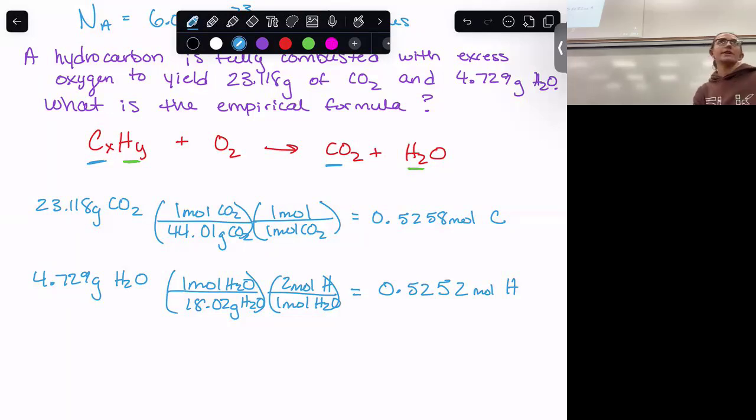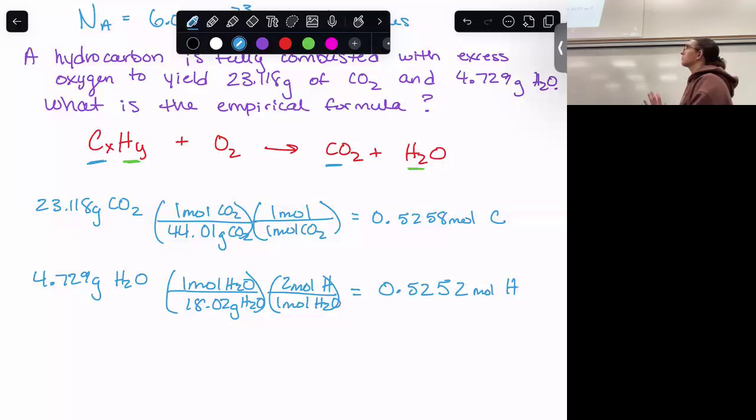If I see 4 sig figs, sometimes I will give myself an additional sig fig and then round at the very end. So I just go off of the original number that's given to me. The carbon dioxide has 5 sig figs there, so I should have given myself 1 more if I was following my rule.